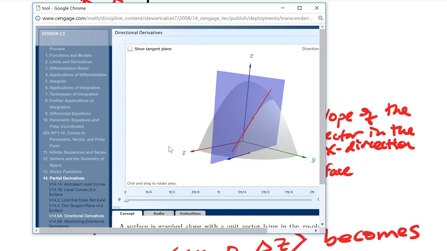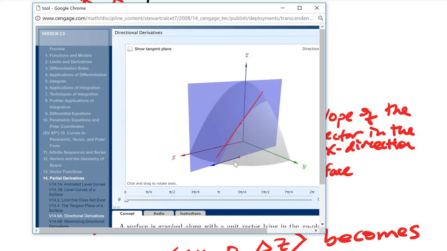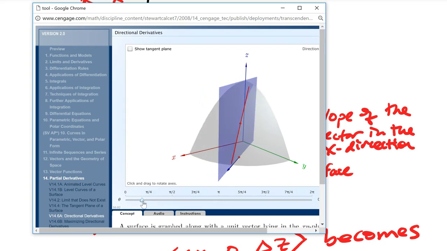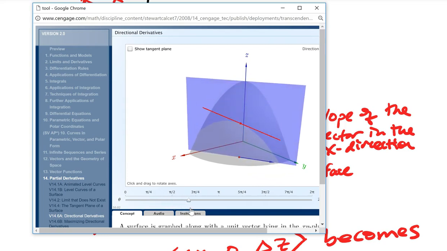It is in the strict x direction. The slope of that line is f sub x at the point P. The slope will change as you go along this plane, but at the point P, the slope of that line is f sub x. The directional derivative says I can move this around, and the slope will change depending on where you're at.